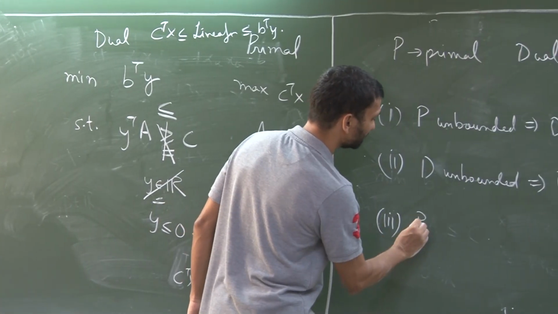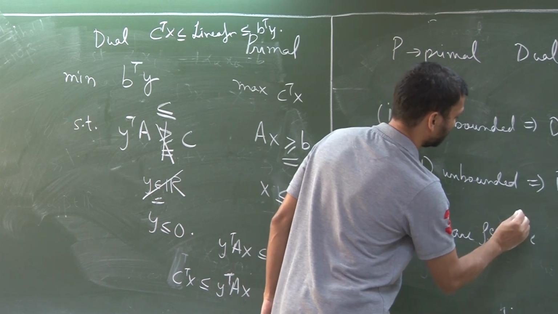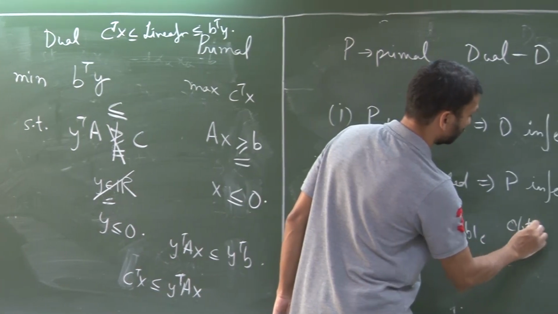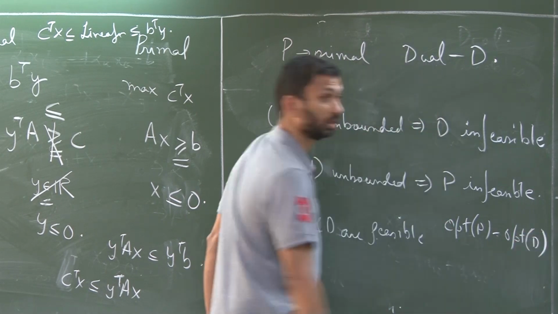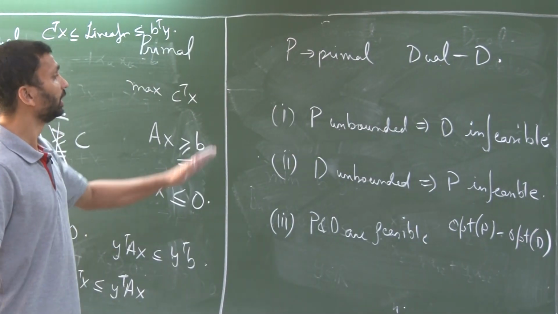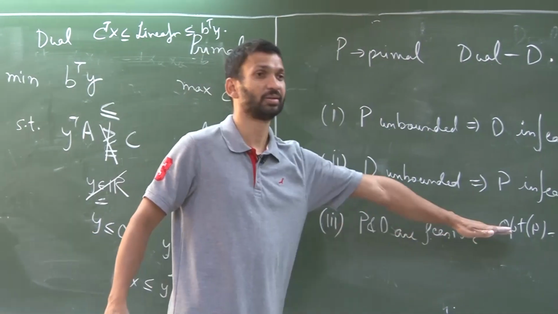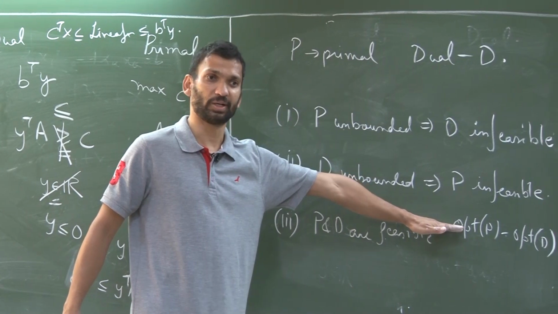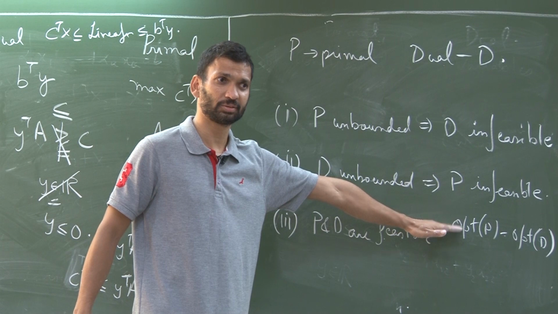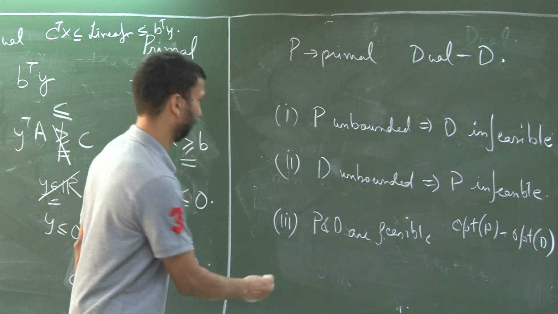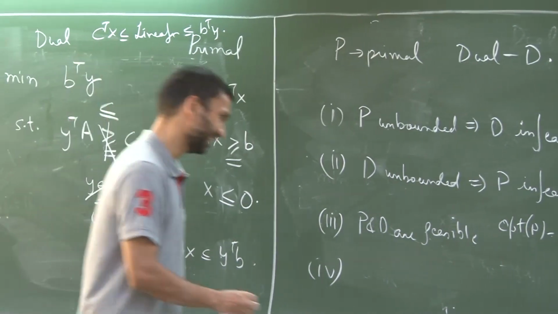The most interesting case is P and D both are feasible. In this case, opt of P equals opt of D. If infeasibility is taken care of, then the values are equal. This is the strong duality. Is there any case remaining? Yes.